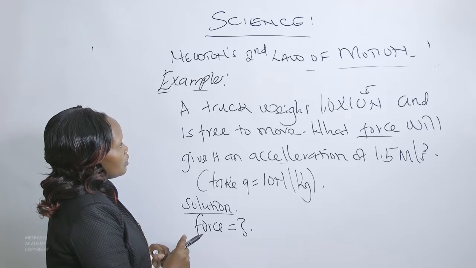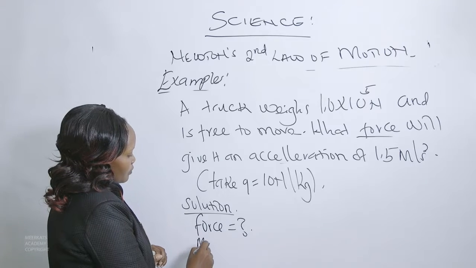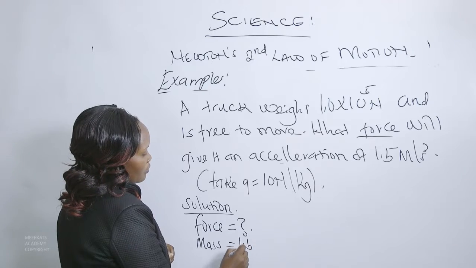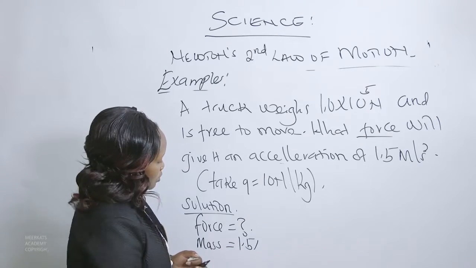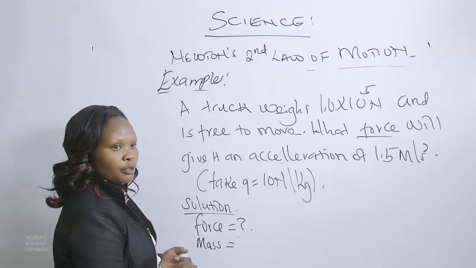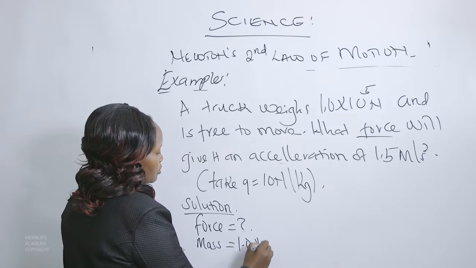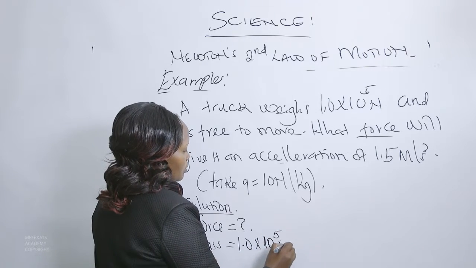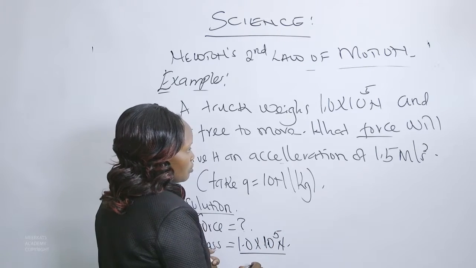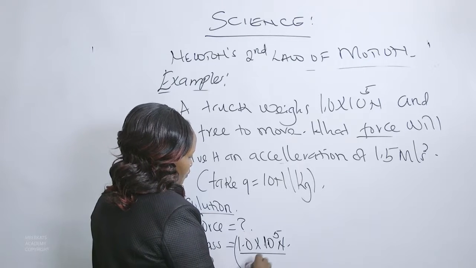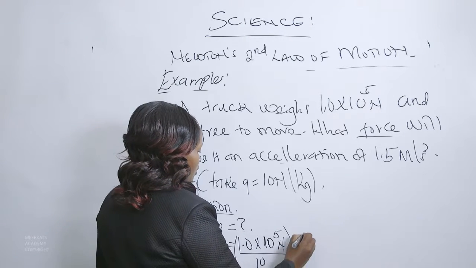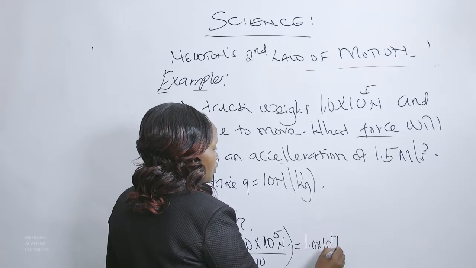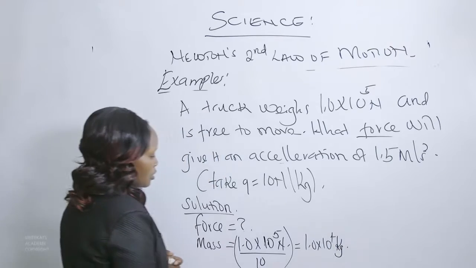We have been given the weight, which is 1.0 times 10 to power 5 newtons. This one we divide by g, which will give us 1.0 times 10 to power 4 kilograms.